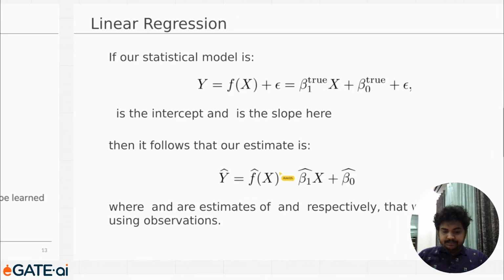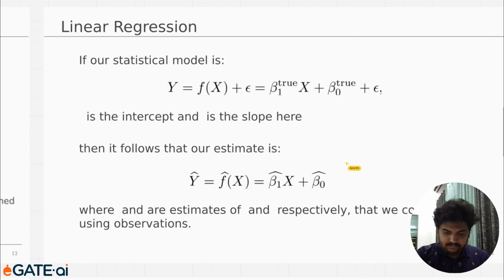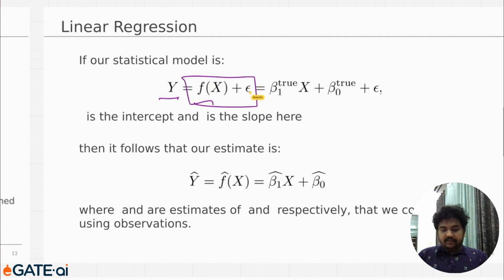So we are basically talking about a statistical model where y is f of x plus epsilon, where epsilon is the error. Now, how do we expand f of x? It's nothing but beta 1 multiplied by x plus beta 0.